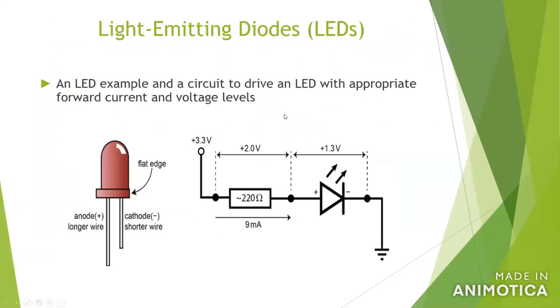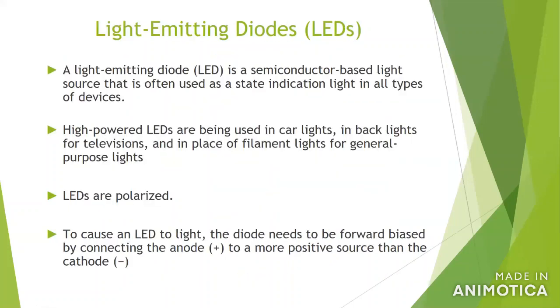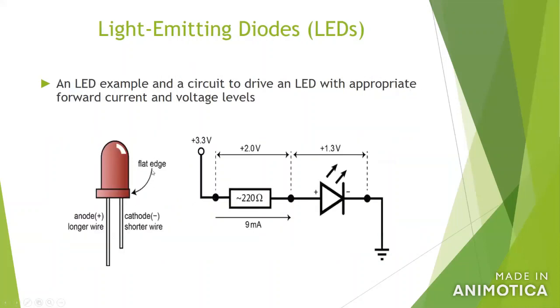Another kind of diode is called a light emitting diode, the LED. LEDs are diodes, but they emit light. LEDs are polarized, which means they have a positive leg and a negative leg.